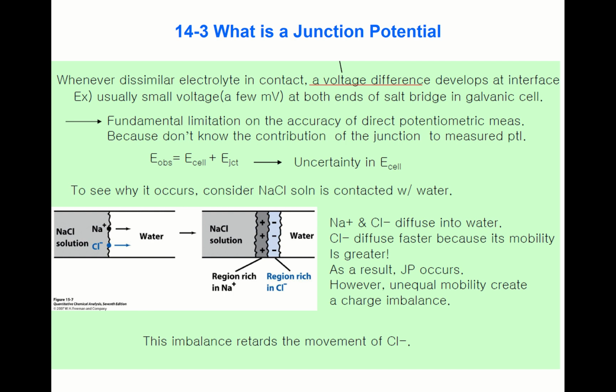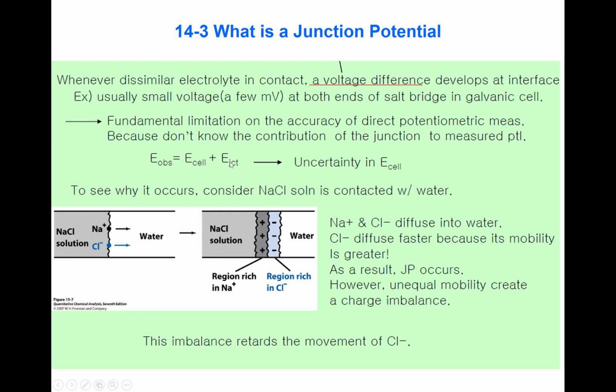But theoretically, it is impossible to remove junction potential completely, or to measure it experimentally. So actually, the observed potential includes junction potential. So far, we only considered the cell potential, but theoretically we have to add or subtract this junction potential.